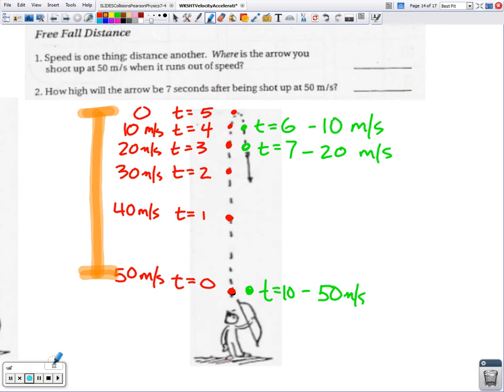This still applies. Even though we're slowing down, that relationship for velocity still applies. What is this question asking us for in this equation?